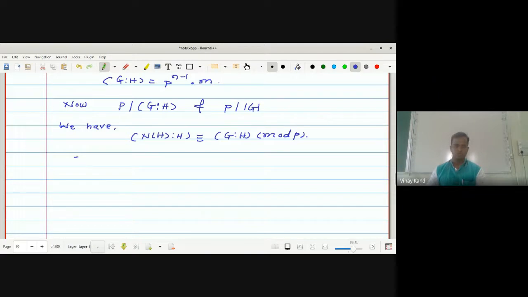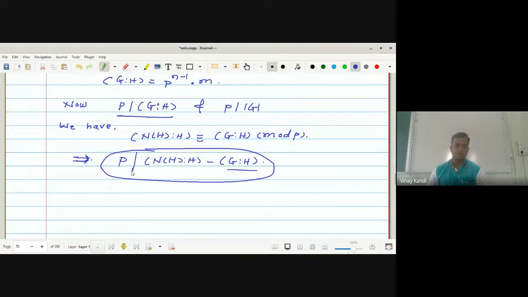So this implies p divides the index of H in N(H) minus the index of H in G. p divides the subtraction. p divides this one and p divides this whole one, so that implies p divides the index of H in N(H) must.